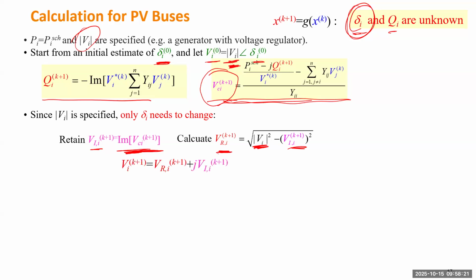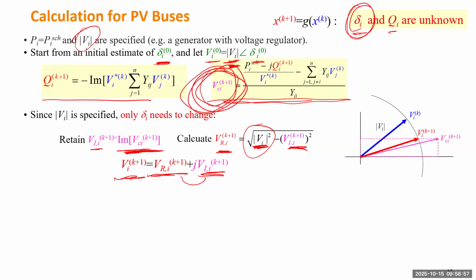Then we form the new phasor using the real part and the updated imaginary part. So here we take one more step of calculation. We don't directly utilize whatever comes from the iteration formula. We only take the imaginary part and keep the absolute value the same to calculate the real part, which depends on the imaginary part.